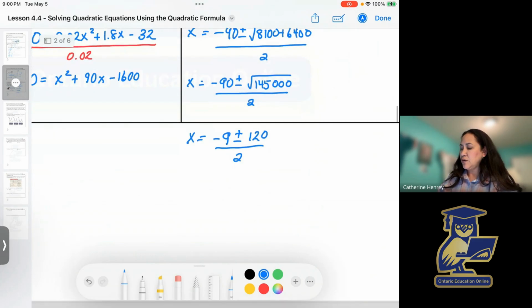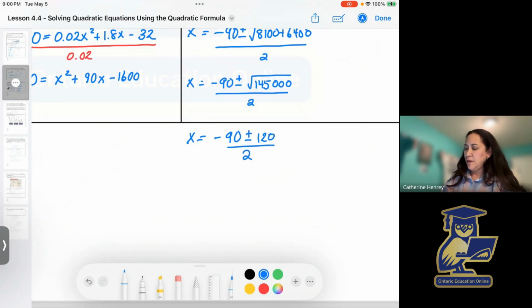Sorry, I missed a 0 there. This is 90. Negative 90 plus or minus 120 divided by 2. These are all even numbers, so I'm going to go ahead and reduce all of them so that x is going to be equal to negative 45 plus or minus 60.